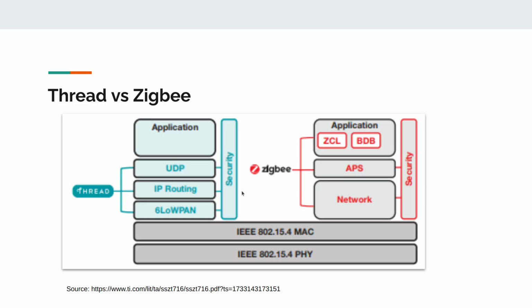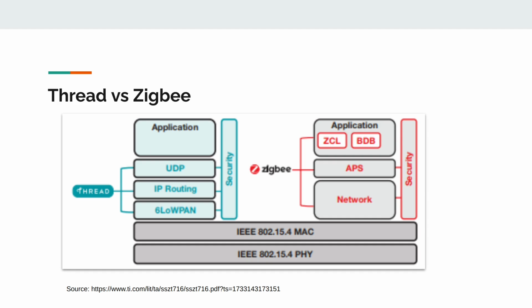Another comparison, just a comparison between Zigbee and Thread. Thread is IPv6 based, and that means the communication to the cloud is a bit simpler because there is no need for a big translation. The only translation that's probably needed is at the link level, or just translating the stuff from the media level.